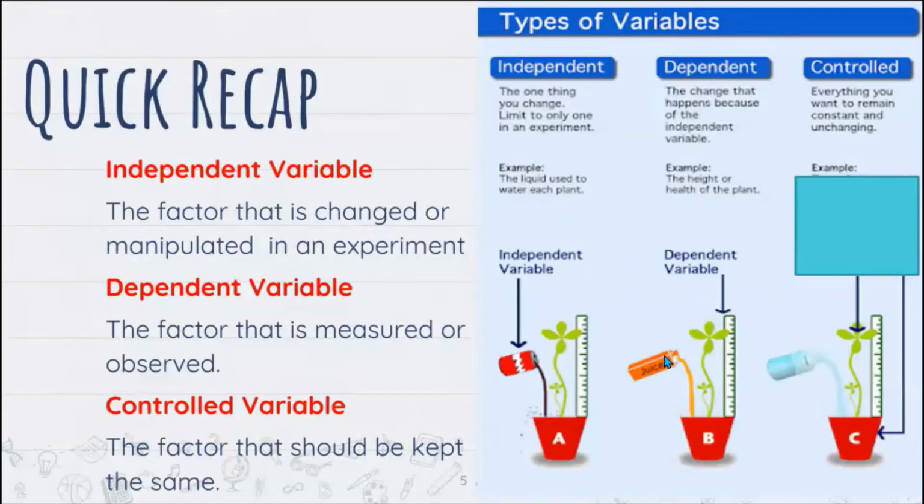And for our control variable, the variables that should be the same or constant, all the factors such as the type of plant, the pot size, the amount of liquid that you will use, the soil type, and the environment itself should be the same, considering that the independent variable, which is the type of liquid, will be changing alone.